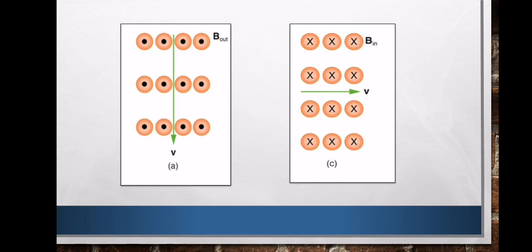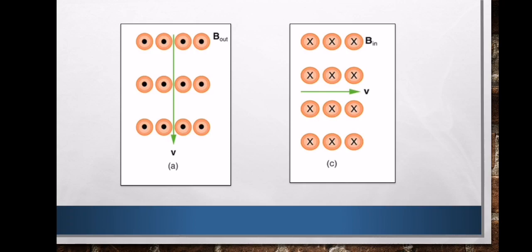The circle with a dot in letter A indicates that the magnetic field, or the direction of your fingers, points toward us. While the circle with an X, or plus sign, indicates that the magnetic field moves away from us, into the screen or the paper.